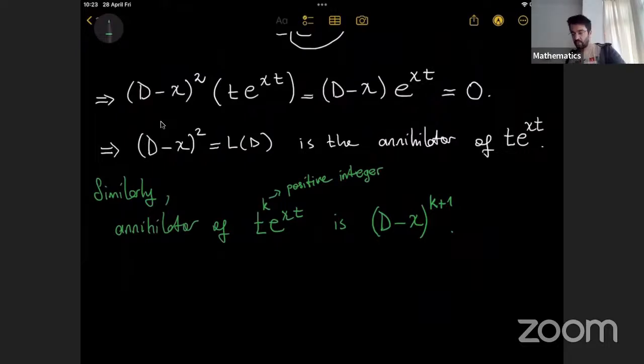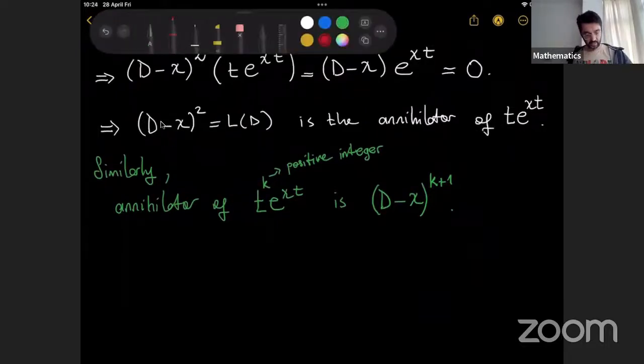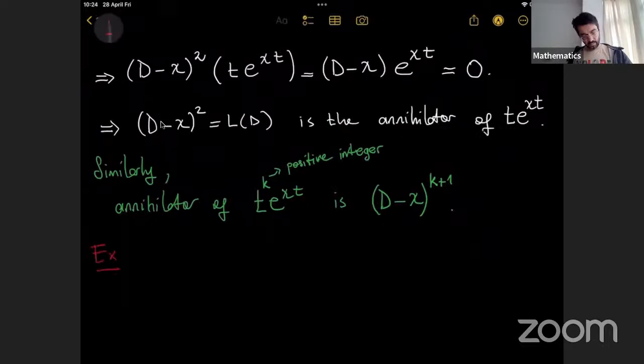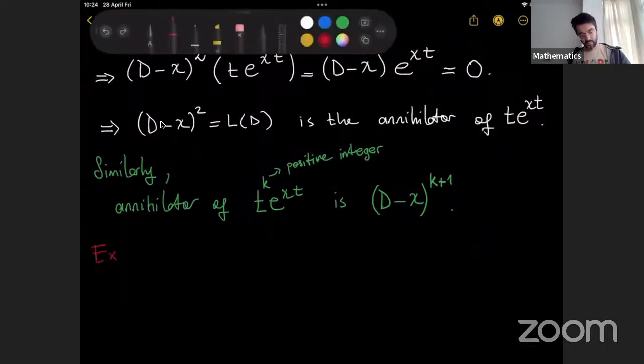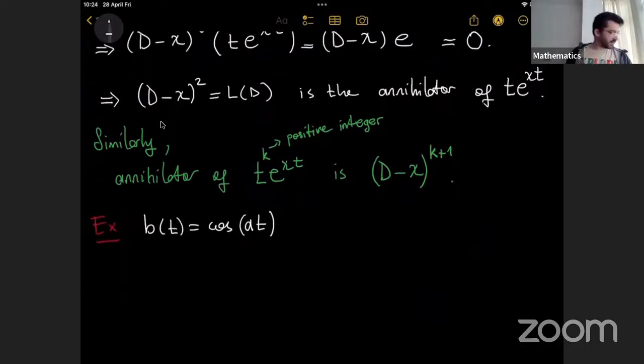Okay, let's do a couple more examples. What about this? b of t is cosine a times t. What is the annihilator of this? Well, let's try.